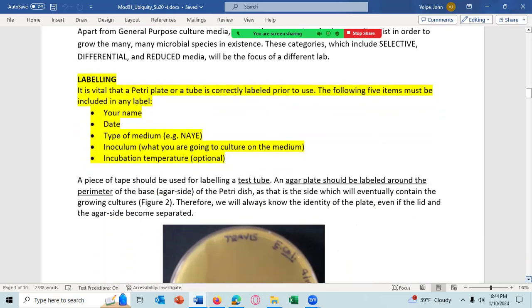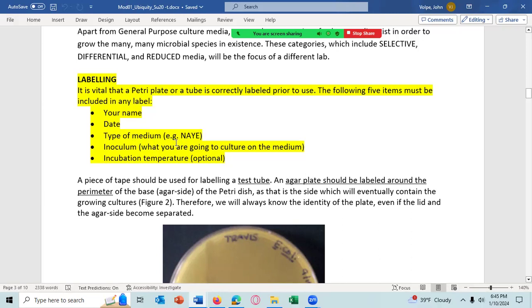Whenever you're working in the microbiology lab, you should label all your Petri plates and your tubes correctly with the following 4 or 5 items. They all must have your name, the date, the type of medium. So if you're growing it on a nutrient agar with yeast extract plate, you should put NA on it, because nutrient agar with yeast extract would be rather long to write.